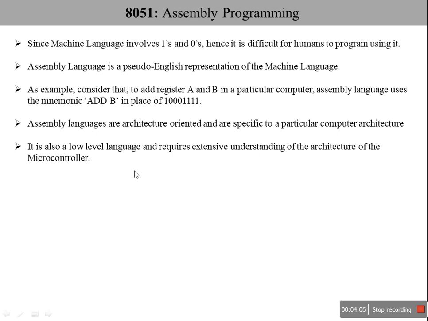It is also a low level language and requires extensive understanding of the architecture of a microcontroller. These two are almost linked together: since they are low level languages, to write an application using assembly language we need an extensive understanding of the architecture of that particular microcontroller. Then only is it easy and possible to write applications using assembly language.